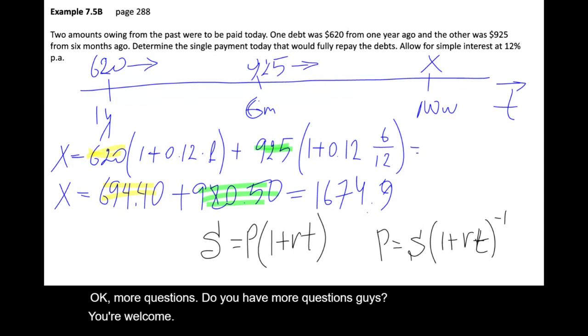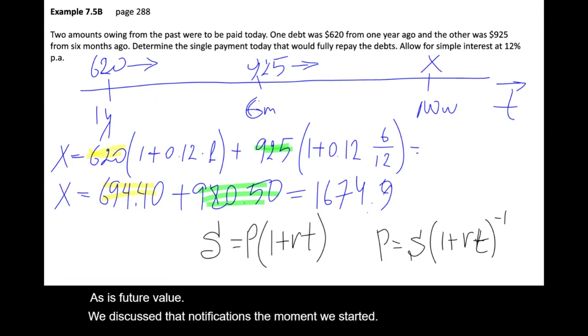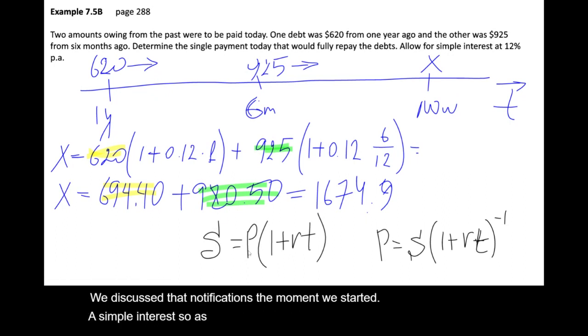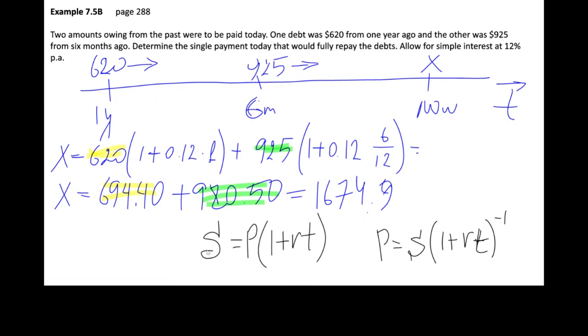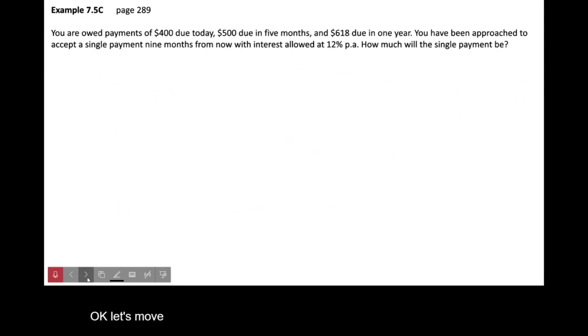Can we continue? S is future value. We discussed that notation the moment we started simple interest. So S, future value, P, present value. Okay, let's move forward.